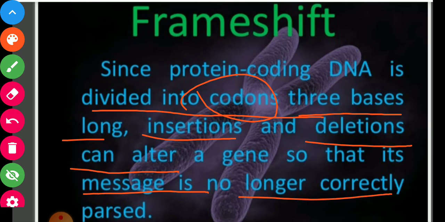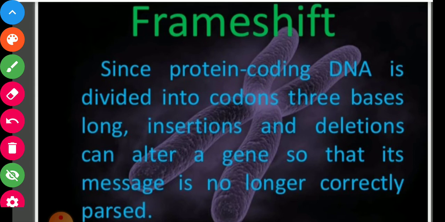So if the base pair changes its sequence, or is deleted, or anything changes in the original form of the sequence, that causes mutation. So here frame shift mutation is there, where the insertion and deletion can alter a gene so that the message changes and the correct message is not passed to the cell, and it causes the change in the behavior of the organism.